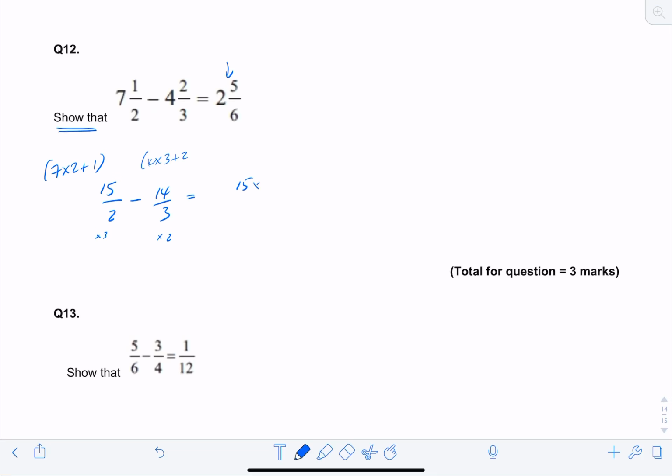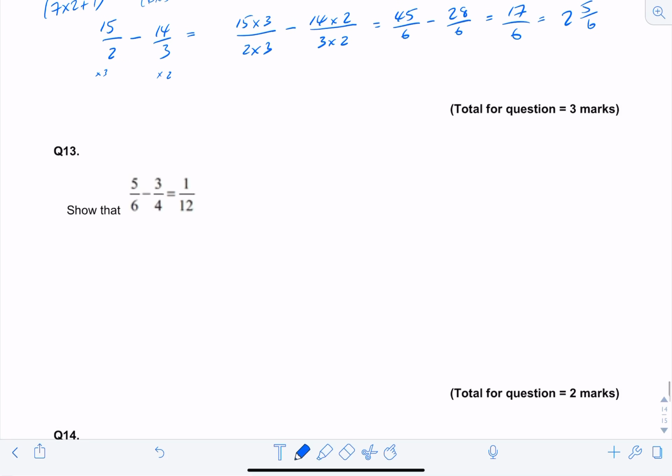So I've got 15 times 3 over 2 times 3 minus 14 times 2 over 3 times 2, which is 45 over 6 minus 28 over 6. 45 minus 28 on the calculator is 17 over 6. And that equals, lo and behold, 2 and 5 over 6. Done.